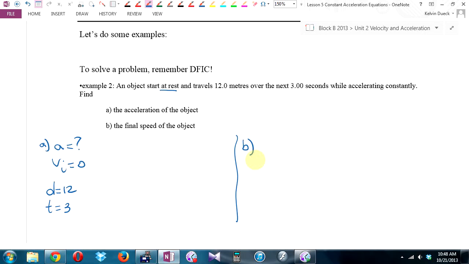If you're hoping desperately that you can turn your brain off, no. We're going to build to it, relax. But this is where I'm pushing you into the shallow end of the pool, and I'm saying start getting your feet wet. Which of those 4 equations in that box has a D, a VI, an A, a T, but no VF? Zach, read to me, please.